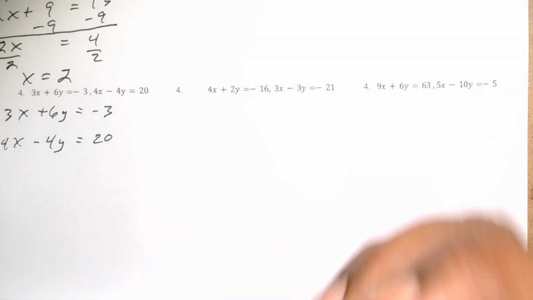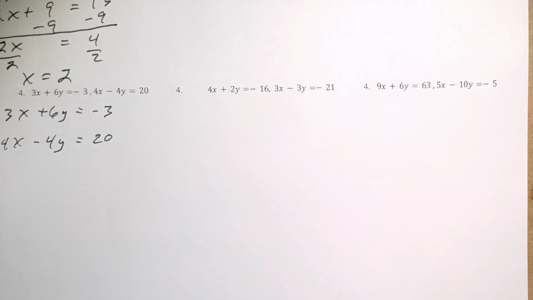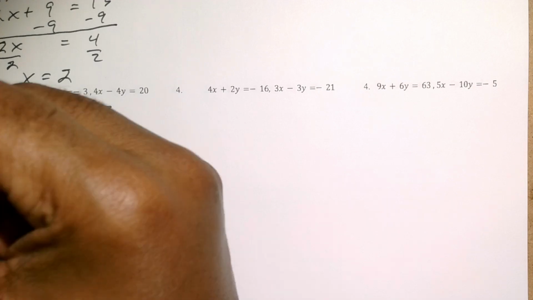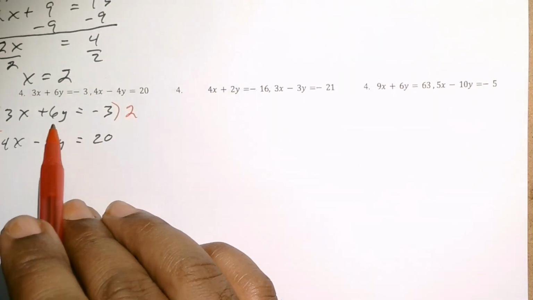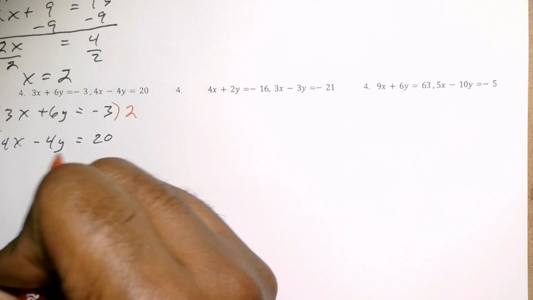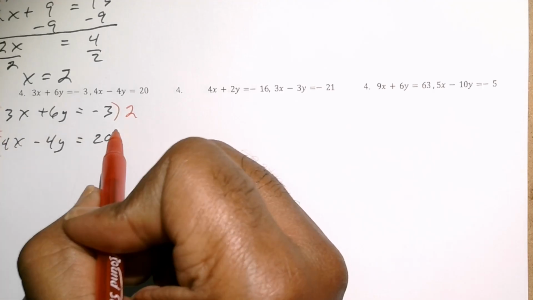So I need the least common multiple for 6 and 4, and that would be 12. So I need to turn the 6 into a 12 and the negative 4 into a negative 12. So I'm going to multiply the top one by 2. That'll create a 12. And I'll multiply the bottom one here by a positive 3.